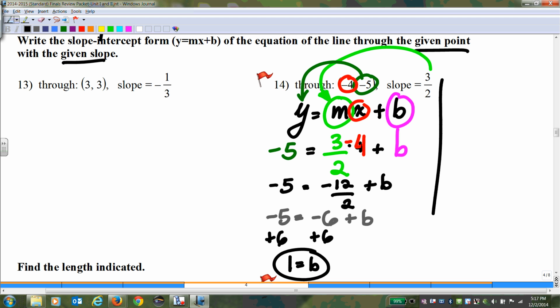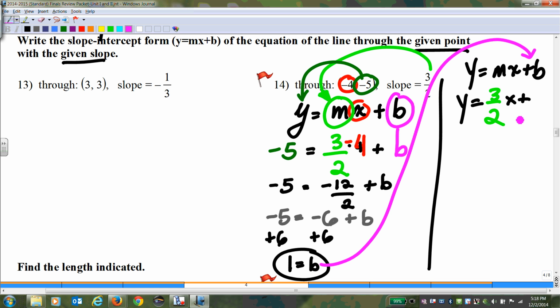Now, remember, we're trying to get y equals mx plus b. Now we have y equals our slope we already have, 3/2, x plus, we just solved right here, 1.